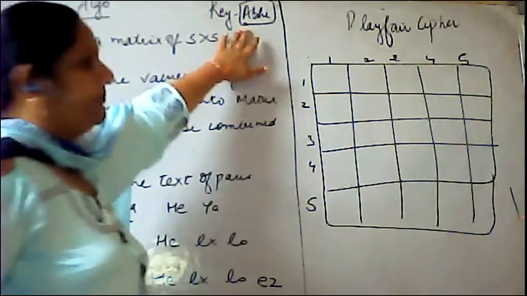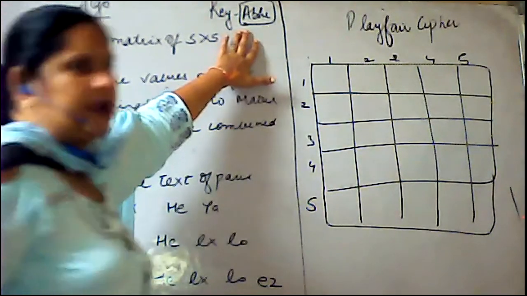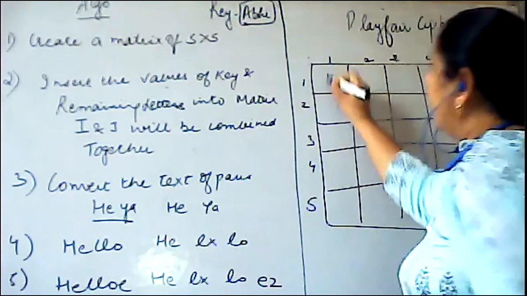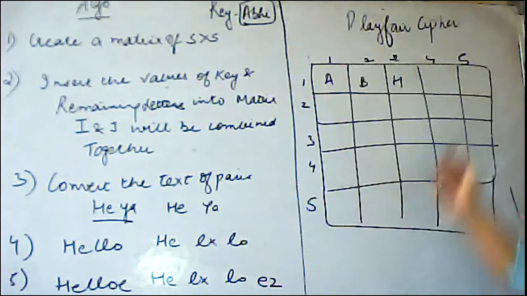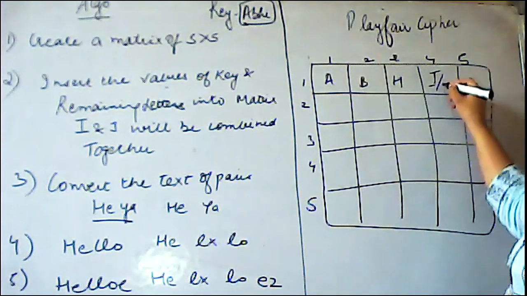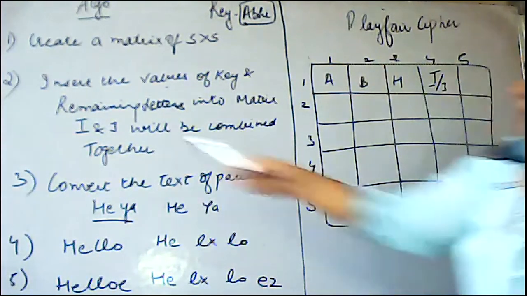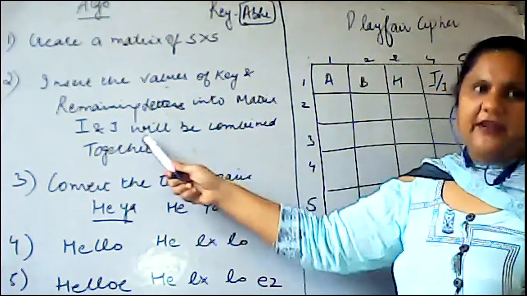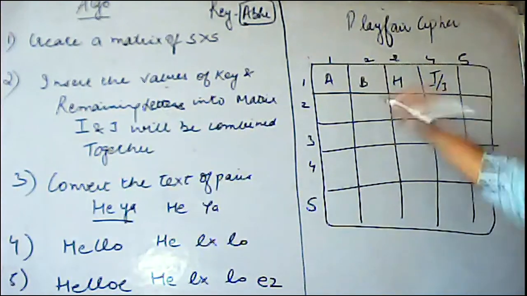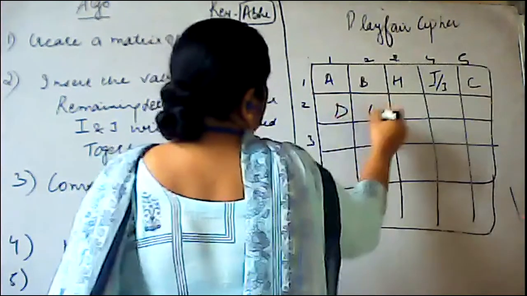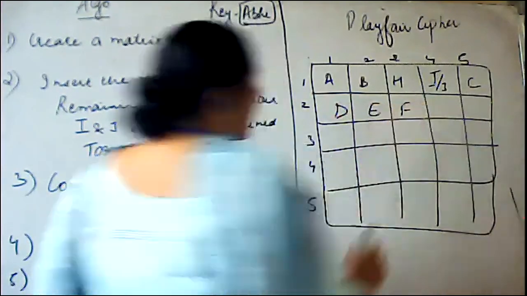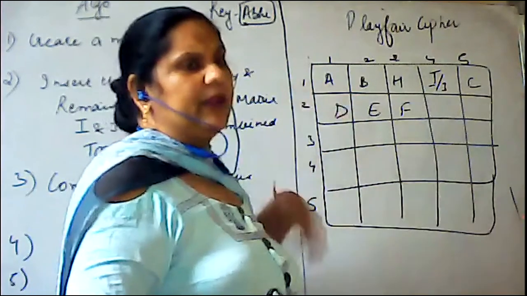For example, the key which is given to us is Abhi. So you will write A, B, H. Now I is there, so combine I and J. Then put the remaining letters into the matrix. AB is there. Now C, then D, then E, then F. You will not repeat the letters which have come in the key.